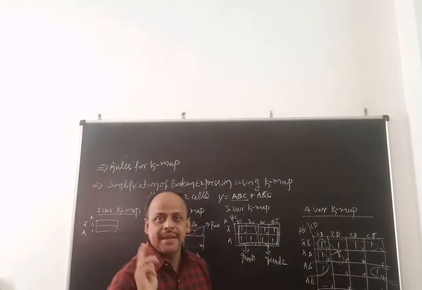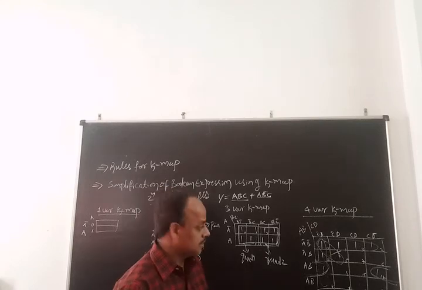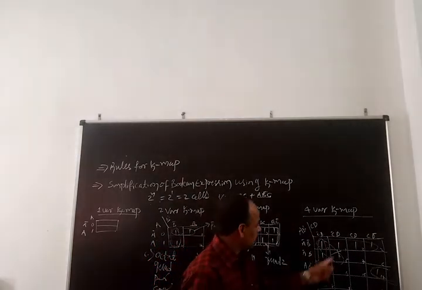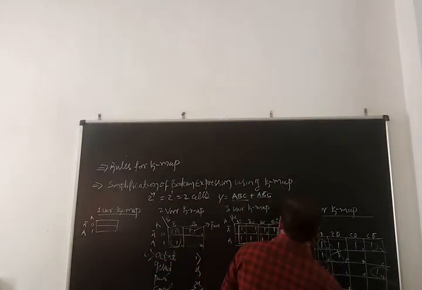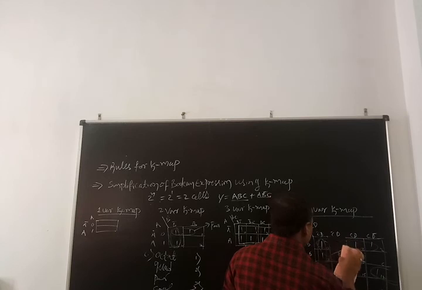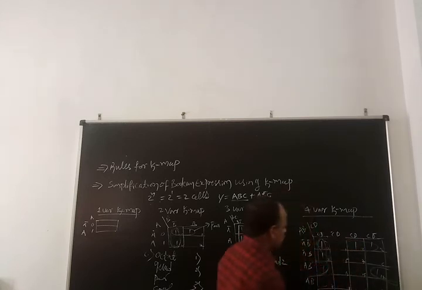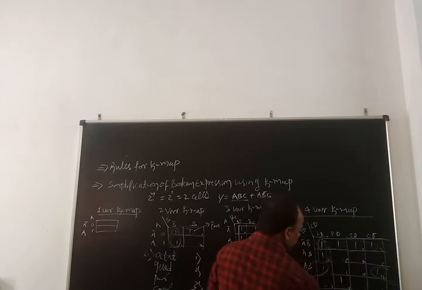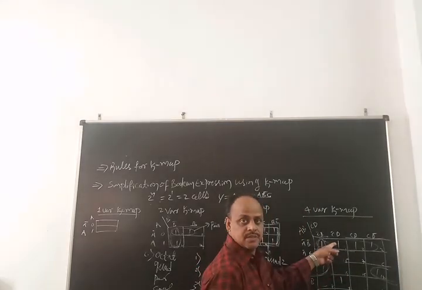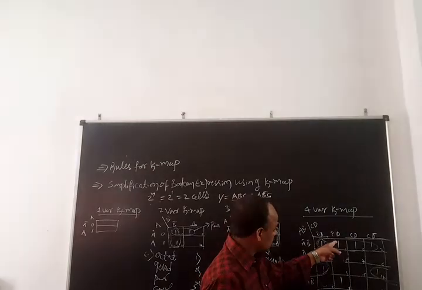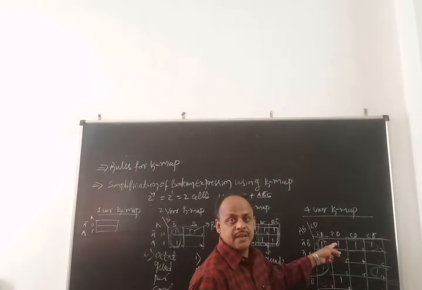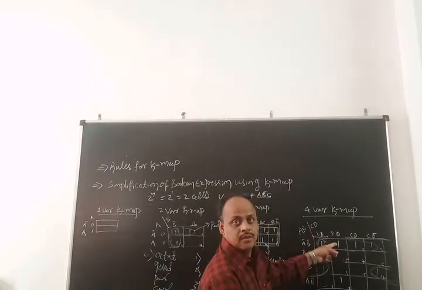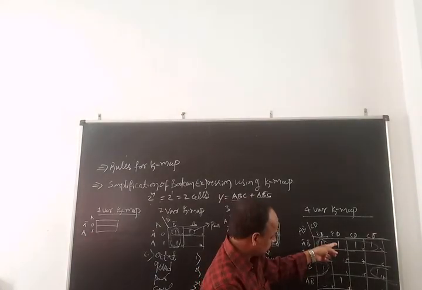So this becomes one pair. In the same way, the topmost cell of a column, for example, see here, the topmost means the first one, the topmost cell of a column is combined with the bottom cell of the column.